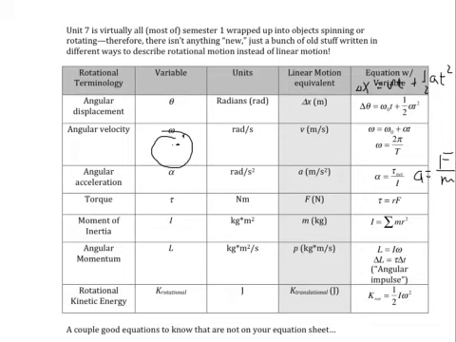Finally, we have rotational kinetic energy. This one's interesting, and I want you guys to think for a second about this. If you think back to the energy unit, Unit 4, when we did conservation of energy and things rolling down a hill or something along those lines, all those problems had masses that were pretty much sliding, whether it's a box or a sled or whatever.